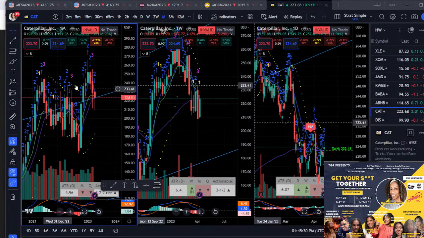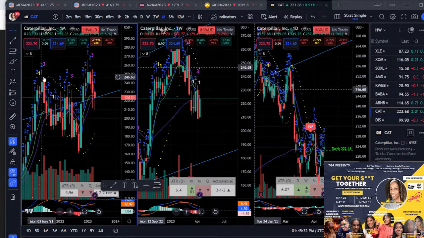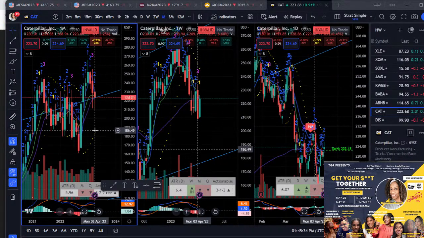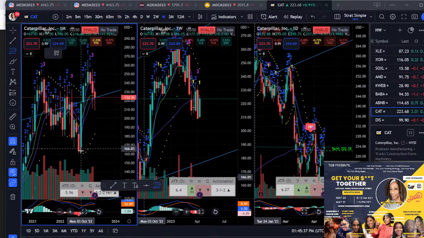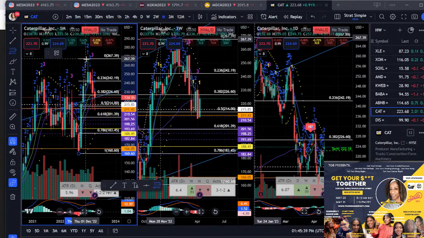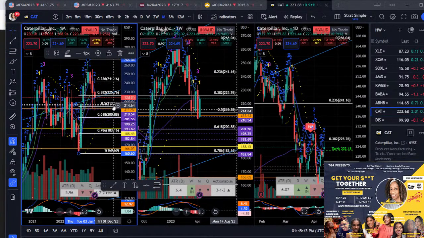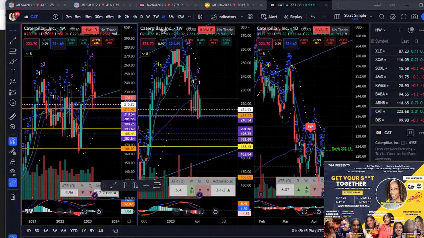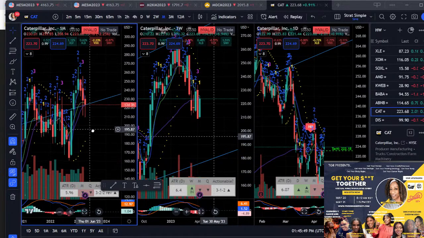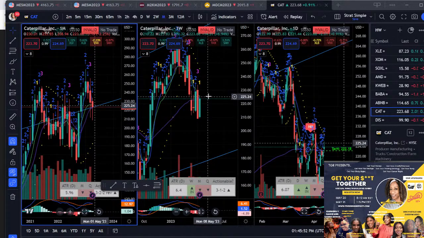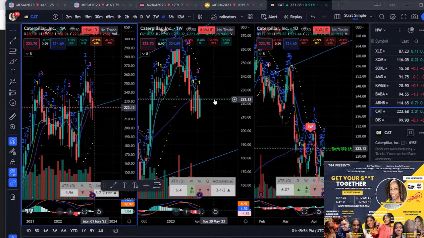When you look at it on the month, this is almost like this was a TTO, and it can come back. But if you fib these up here, just real quick, it came right back to that 50% mark, which is about 213, and it bounced. So keeping that in mind, and then we have an inside week here that's green.